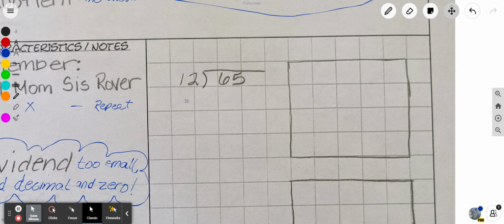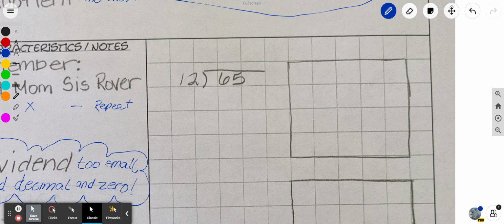All right, so we're going to take a look at how this idea of when the dividend is too small, add a decimal and a 0, how we use that in a division problem. So we have the problem 65 divided by 12. So 12 does not go into 6. This idea doesn't apply here because I have another digit I can divide into.